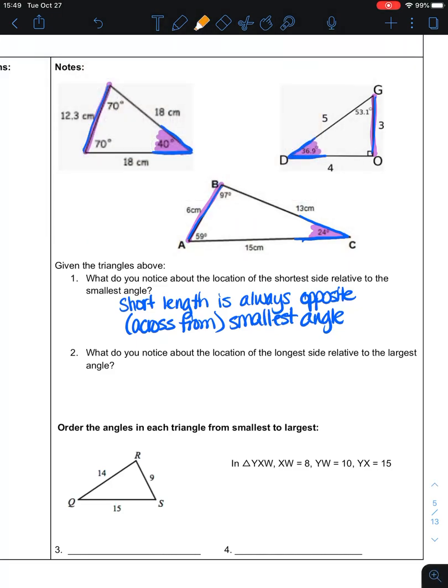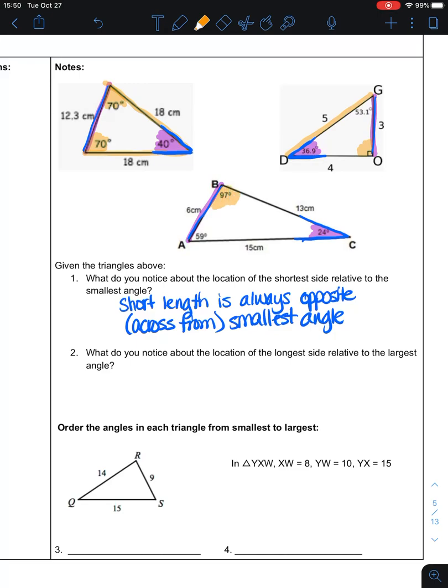Now, what do you notice about the location of the longest side relative to the largest angle? What I notice here is that I have two angles that are the same size, and two sides that are the same size. That's going to come into play later on when we talk about isosceles triangles. In triangle DOG, my largest angle is my 90-degree angle, and my longest side by measure is this length of 5.